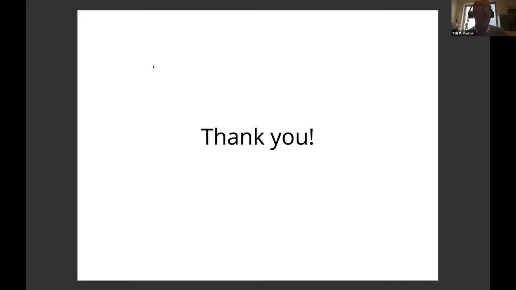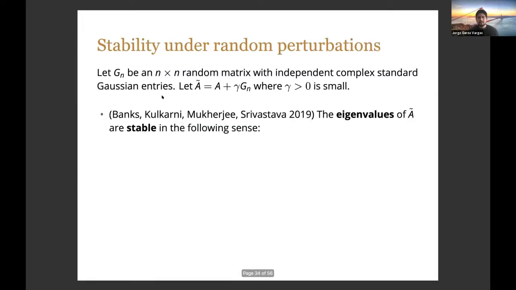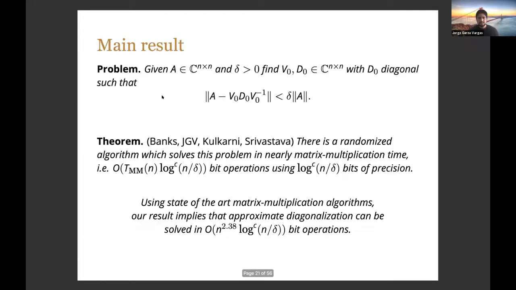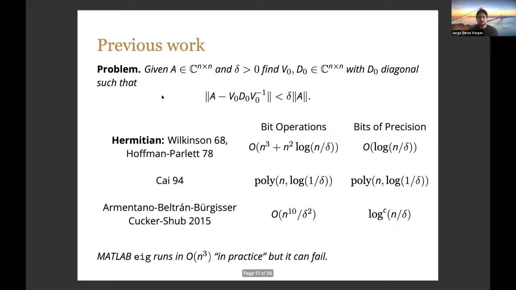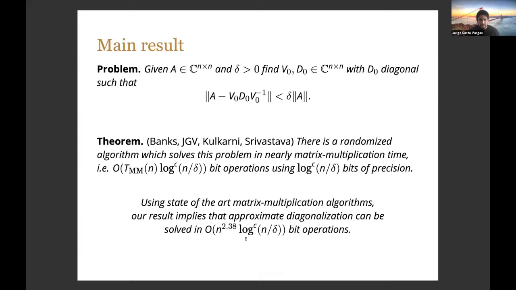Can you repeat what the improvement you mentioned you get in the Hermitian case is compared to what was known before? Yeah, before it was known to be n cubed, so maybe I should go back to it. And we got nearly matrix multiplication time. So this is the Hermitian case, and here is what we got.